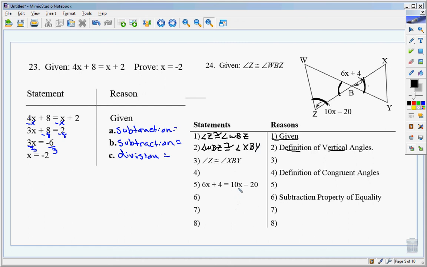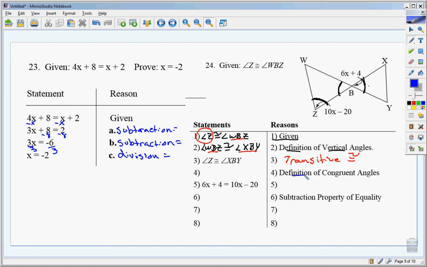Now, if you take a look, where this one stopped, this one picked back up. So they went from here all the way to here. And this is the transitive property. They are using congruency, so it's really the transitive property of congruency, but if you have transitive, I would not take off for that.